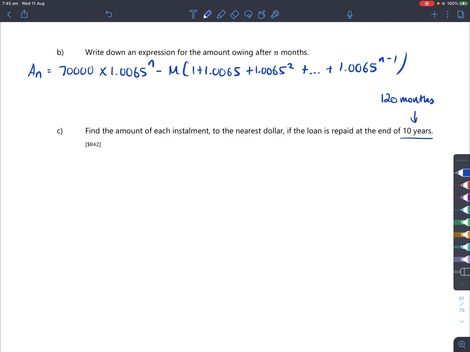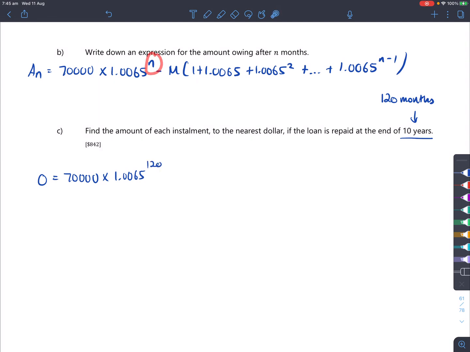Okay? So basically it's asking us to find M, and this An value is basically A120, and A120 is going to be 0, right? So 0 is going to be 70,000 times 1.0065 to the power of 120.